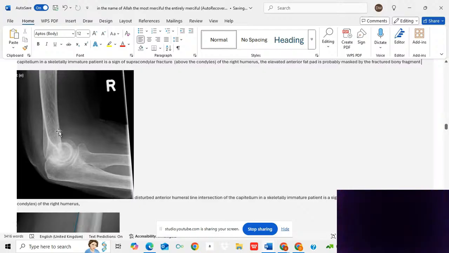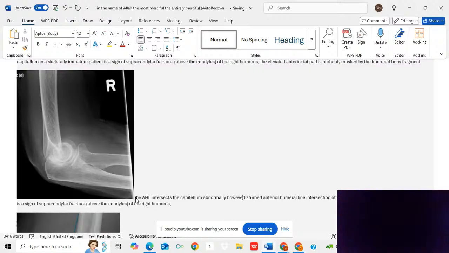The anterior humeral line intersects the olecranon normally. So you can say the anterior humeral line intersects the capitulum abnormally.